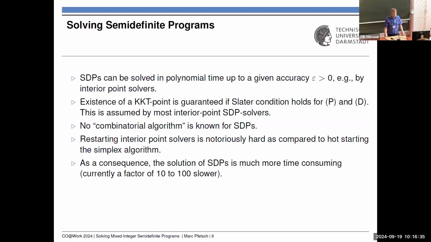This means we cannot expect that there's a finite algorithm to solve it. That's much different to the linear world. If all the matrices and vectors are rational, then we know that there's a rational solution. It's not true here, but for practice, that's enough. So we can solve it quite efficiently, up to an epsilon.